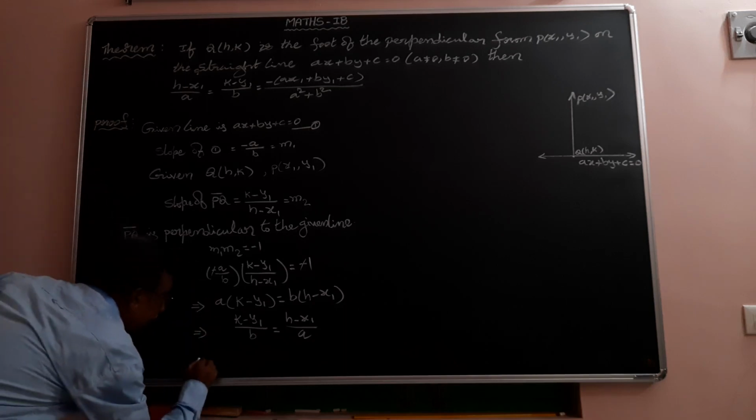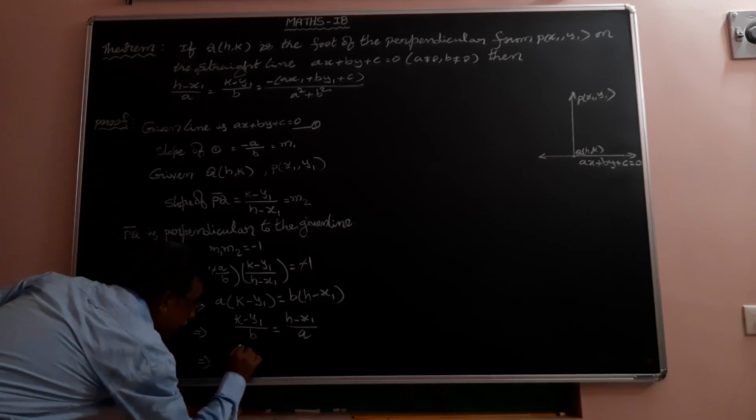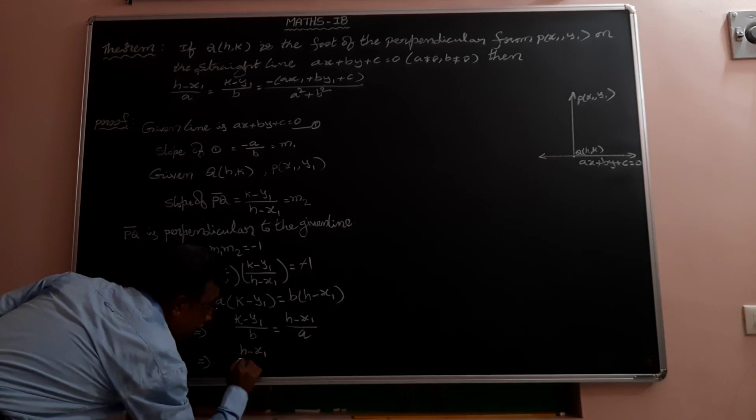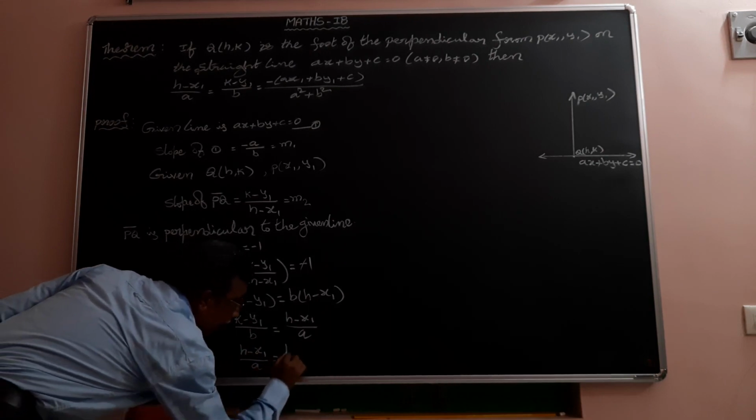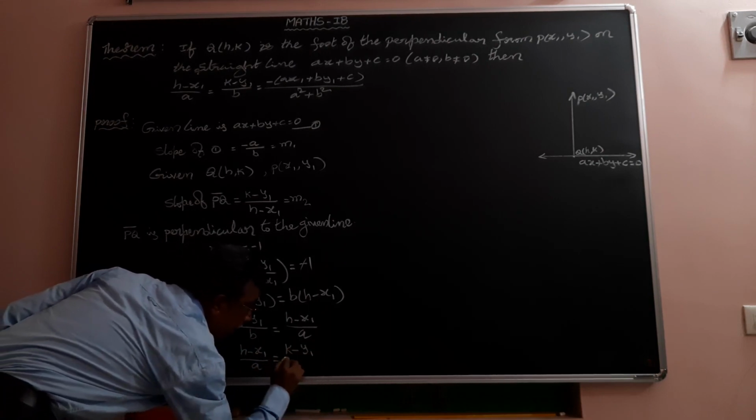Now we write this one: h minus x1 by a equal to k minus y1 by b.